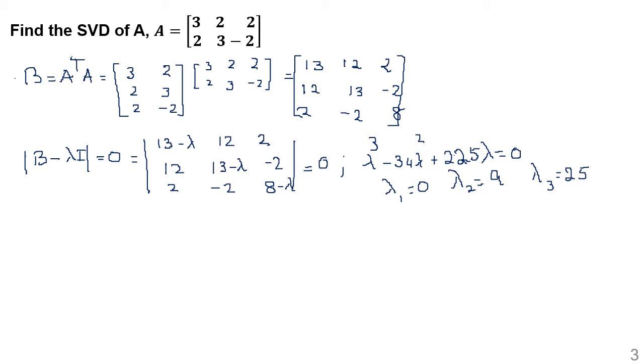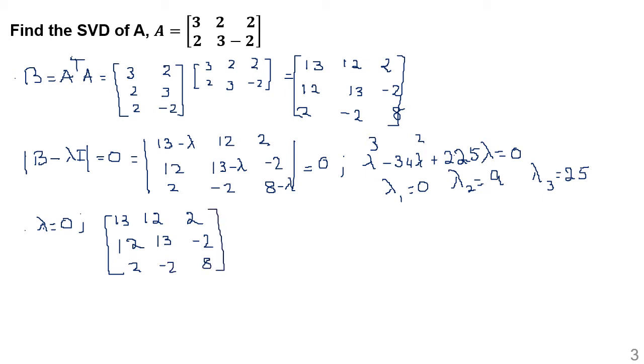So we try to find the eigenvector for these three eigenvalues in order to find out V transpose. So lambda is equal to 0, first case, where we have B into X, 13, 12, 2, 12, 13, minus 2, 2, minus 2, 8.